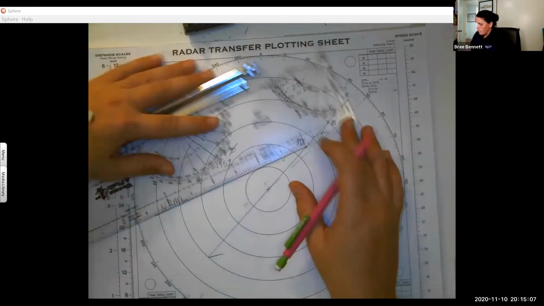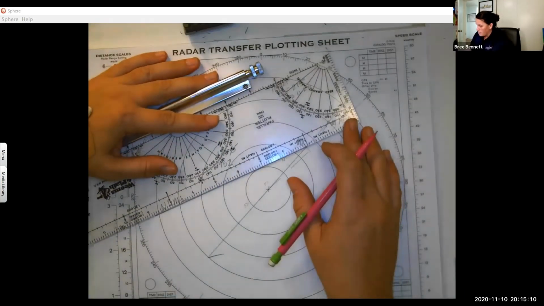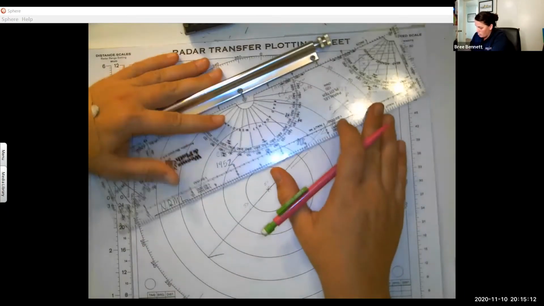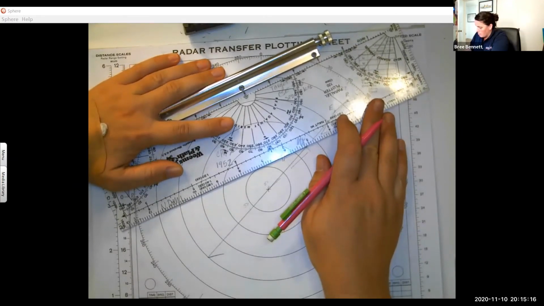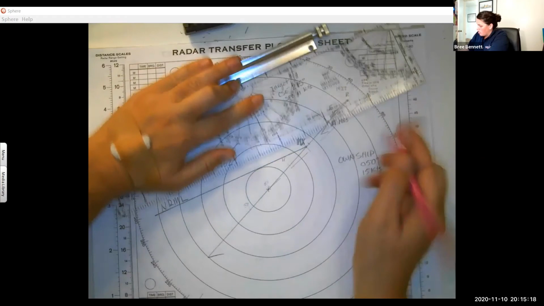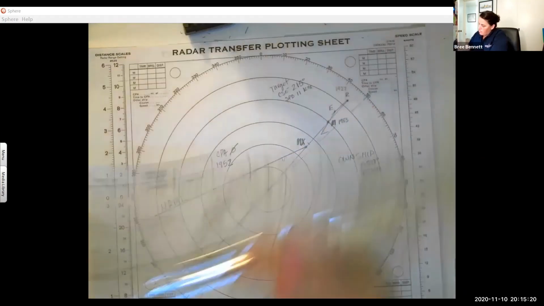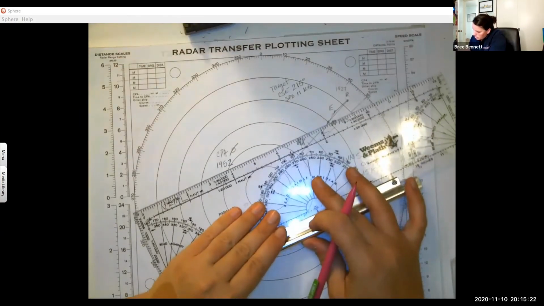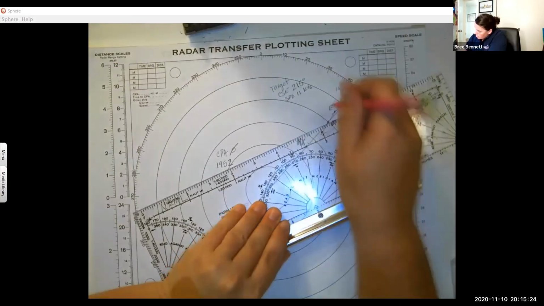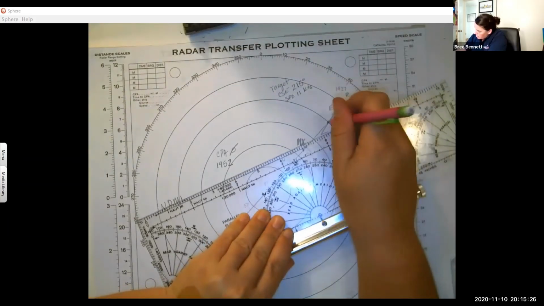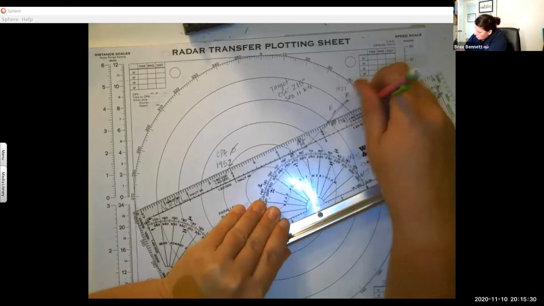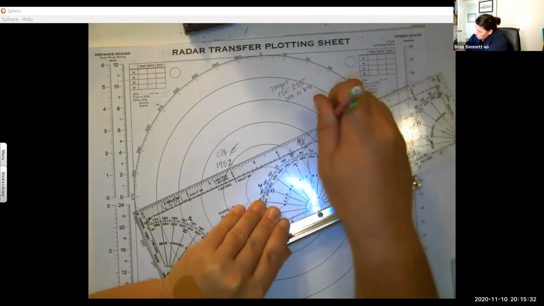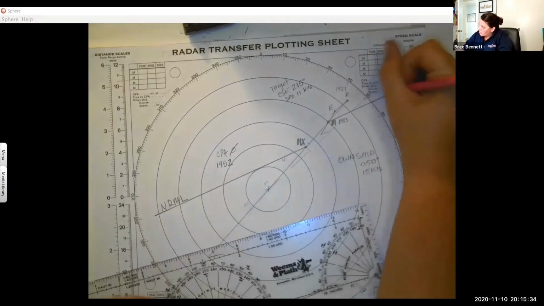So I have my new relative motion line, but I need to bring that back up to my original M so I can get my new R. Falling off the plotting sheet here. Okay, so there's M. So that right there is my new relative motion line.